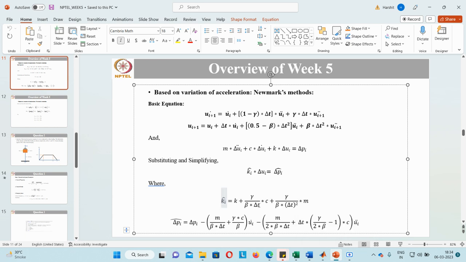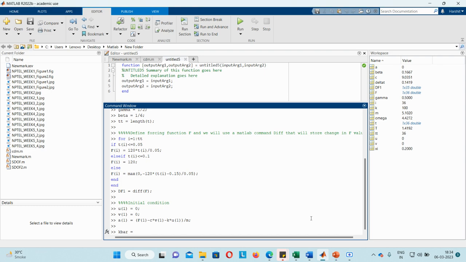K bar is k plus gamma into c divided by beta delta t plus m upon beta delta t squared.